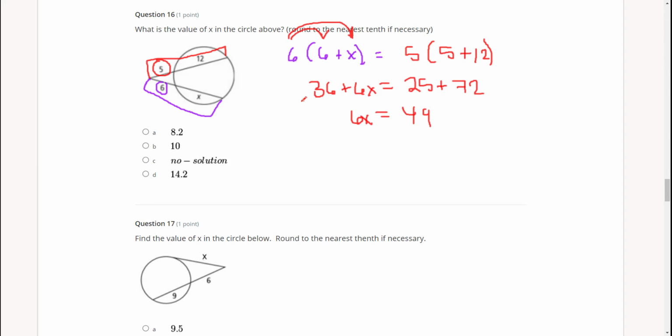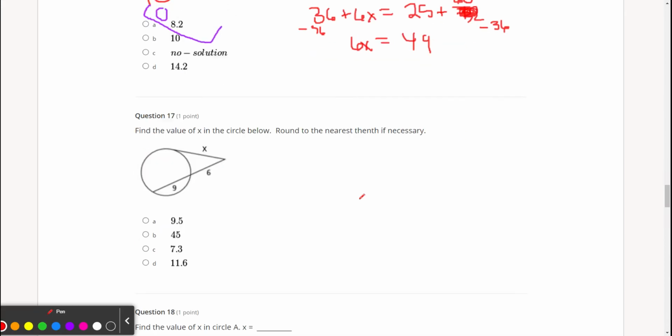Plus, I got 8.72, minus 36. I got 61. I forgot, 76, I don't have that number. Okay, because 5 times 12 is 60, not 72. Oh, I got it.